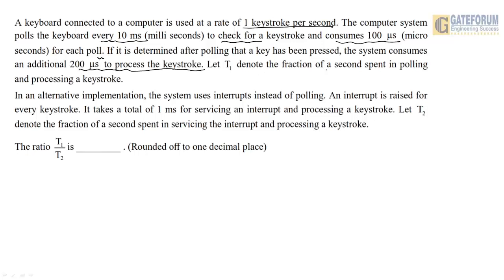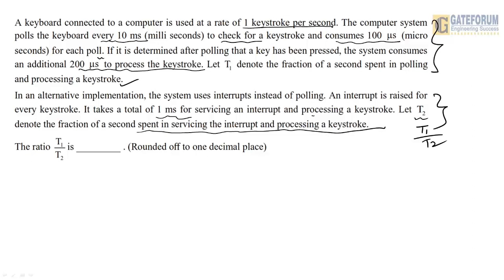Let T1 denote the fraction of a second spent in polling and processing the keystroke. In an alternative implementation, the system uses interrupt instead of polling. An interrupt is raised for every keystroke, and it takes only 1 millisecond for servicing the interrupt. Let T2 denote the fraction of a second spent in servicing the interrupt and processing the keystroke. We need to find the ratio of T1 and T2, so we need to calculate the time spent by the first and the second implementation.